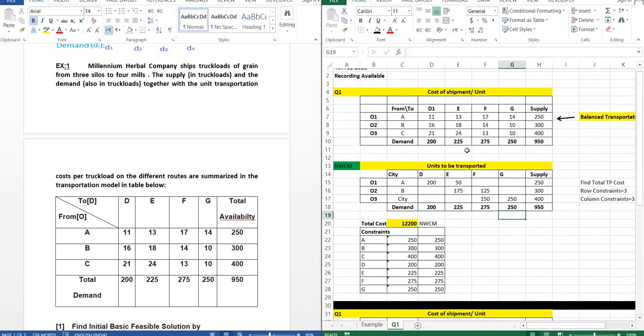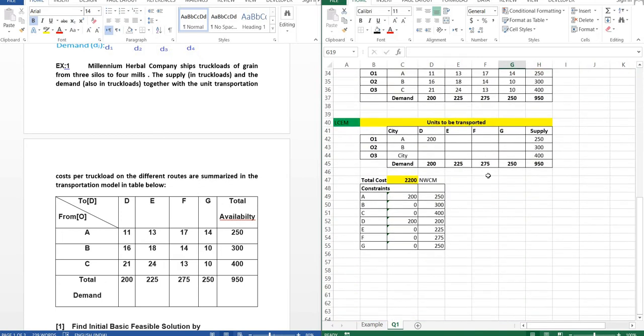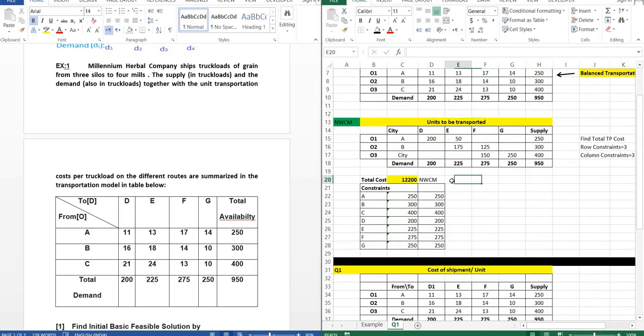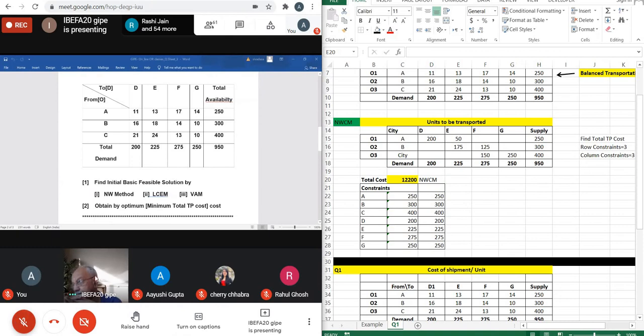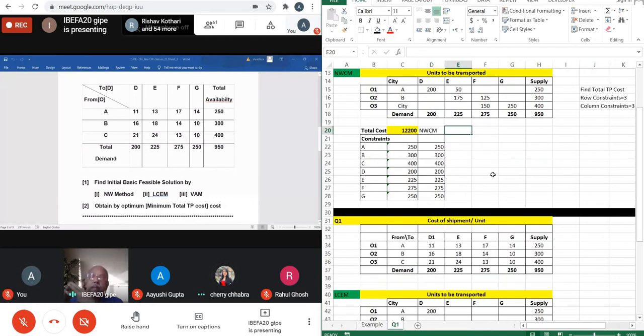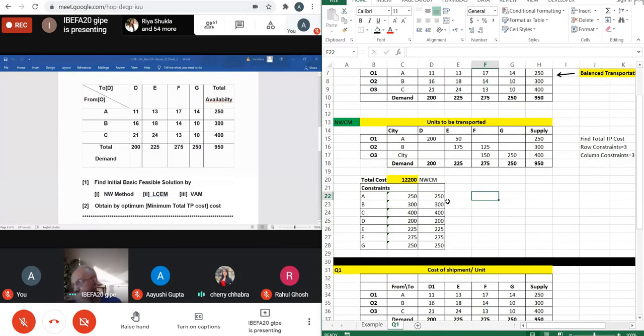No. Check by solver. So 12,200 is through the northwest corner method, sir. Yeah, northwest corner method optimum for the second part.